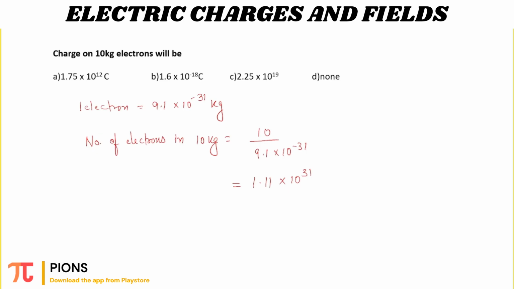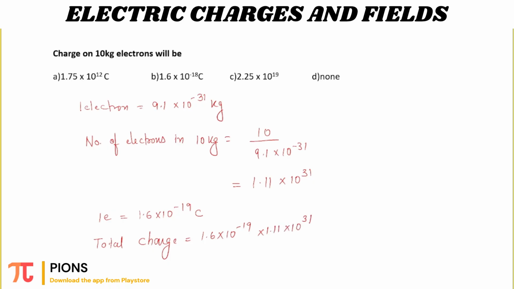Now one electron has a charge of 1.6 into 10 raised to minus 19 coulombs. The total number of electrons we have is 1.11 into 10 raised to 31. So the total charge would be 1.6 into 10 raised to minus 19 multiplied by 1.11 into 10 raised to 31.